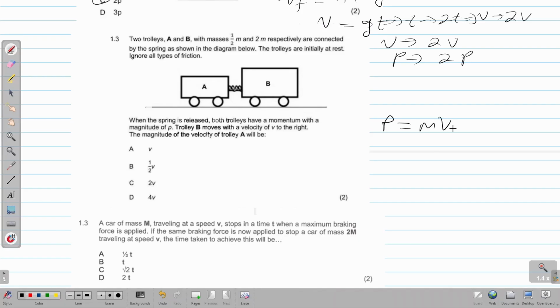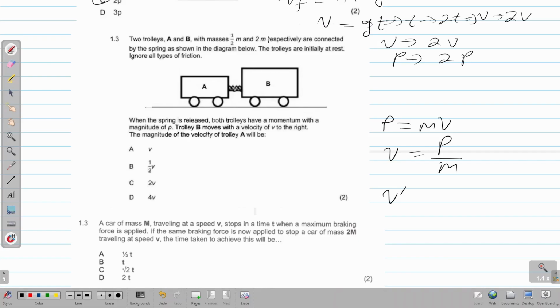What we're looking for is the velocity of A in terms of the velocity of B. So V is the momentum of trolley A divided by the mass of trolley B. So now we want V prime.